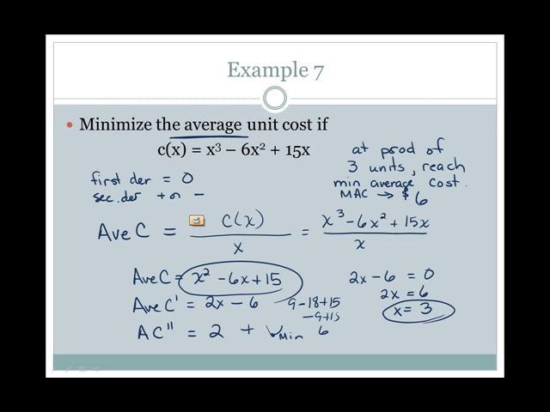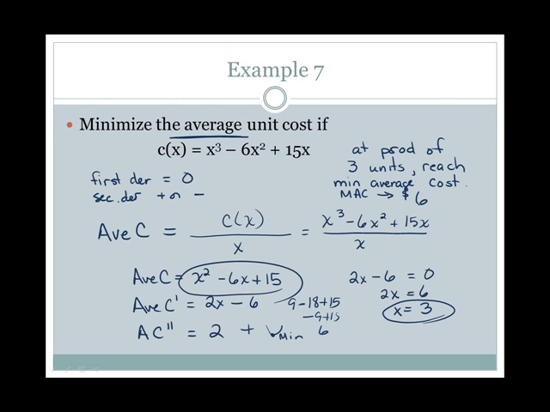So there would be an average cost of $6 a unit if we make 3 units, and that is the lowest average cost we can experience. So make 3 units and you're going to spend the least amount on each unit.